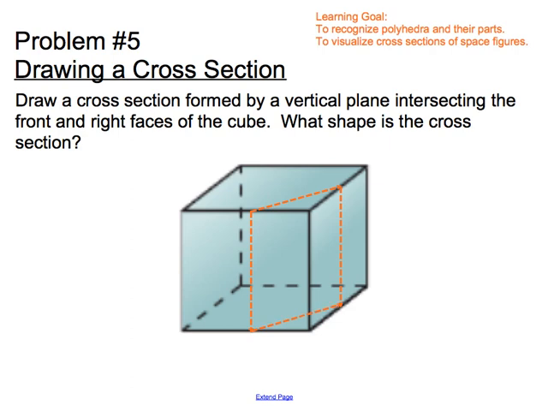So this is a portion of a vertical plane that cuts the front and right faces of this cube. And again, we have to be cautious because we're looking at this three-dimensionally, even though the cross-section is a two-dimensional object. So if we were to draw this in 2 dimensions, we would find that again, this cross-section is going to be a rectangle.